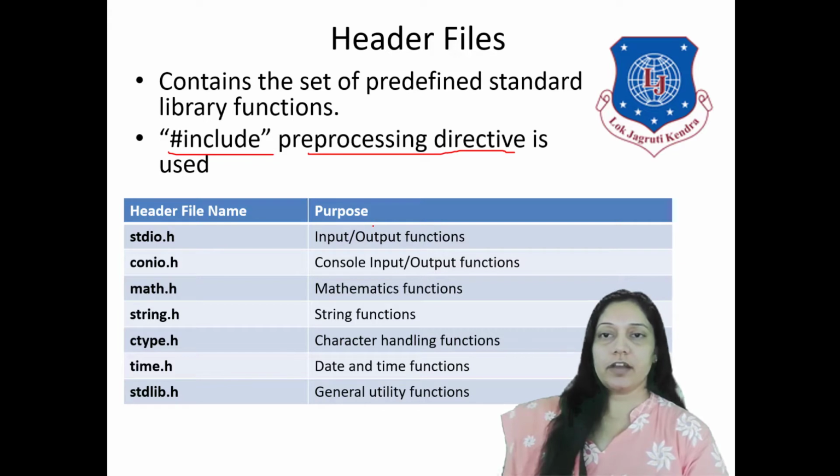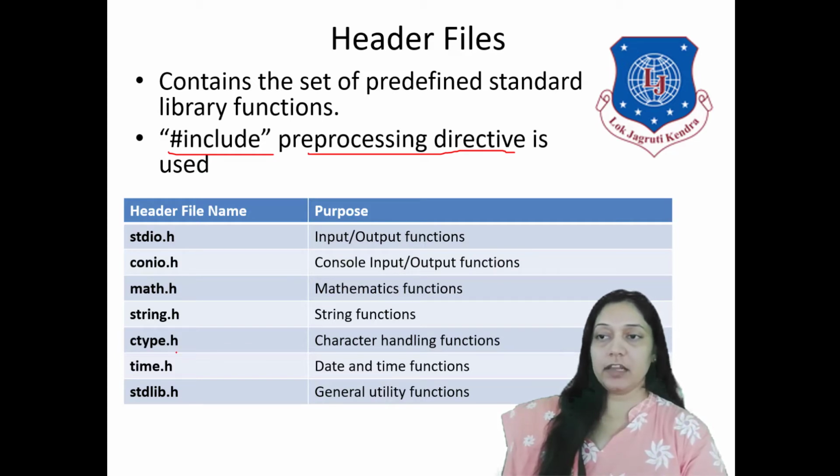What are the different header files available in C? stdio.h is for input output functions. If you want to take anything from the keyboard and display anything on the monitor, then we'll be using stdio.h functions. We have conio.h, which has some console input output functions also. Mathematical functions are in math.h.